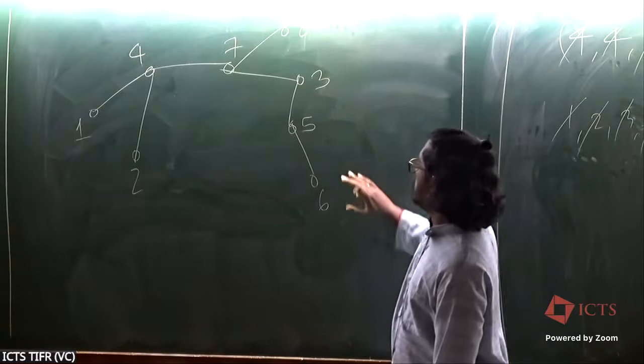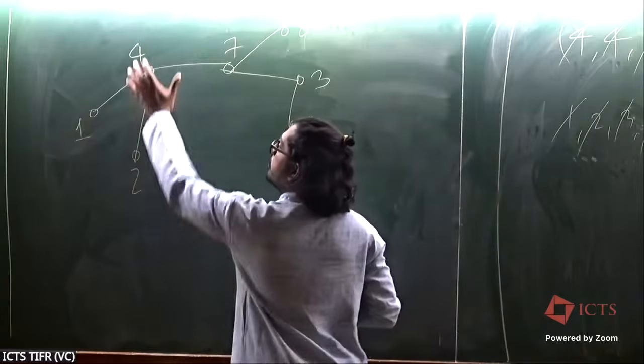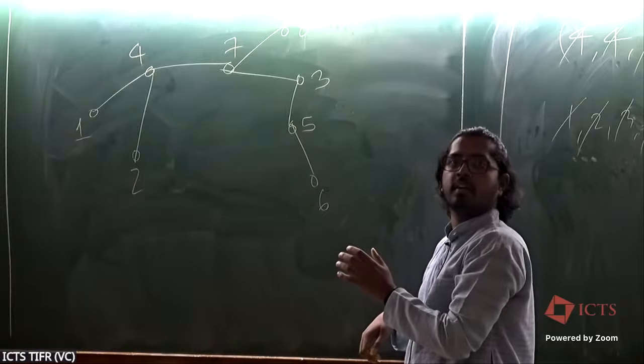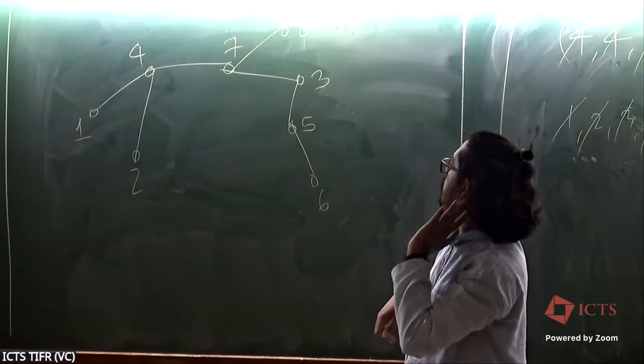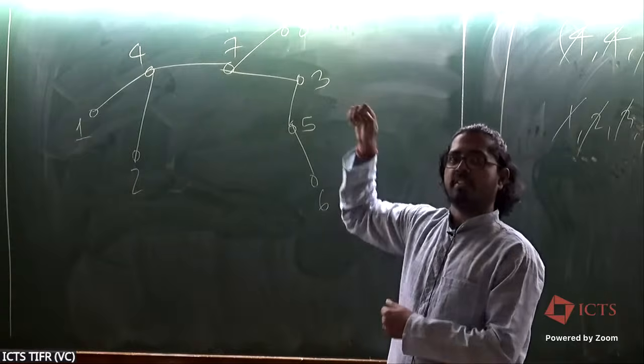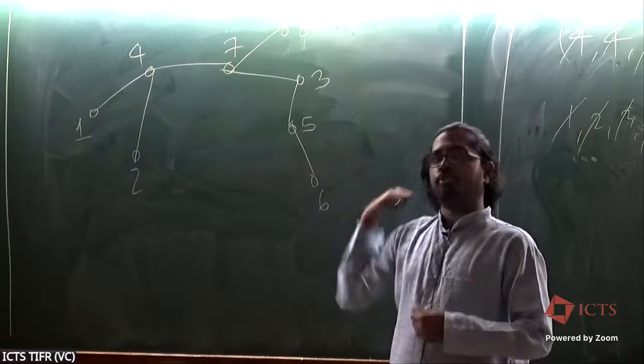8 and 6 are the leaves of the smaller tree after 1, 2, and 4 were deleted. So 7, 3, and 5 are not leaves. Leaves are the degree 1 vertices in the graph. Each time I'm going to pick a leaf to delete.